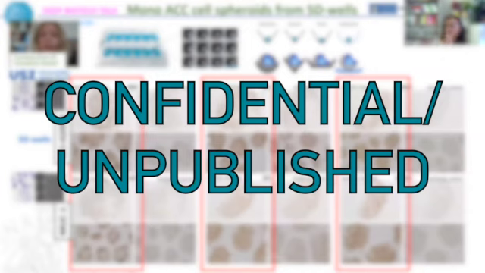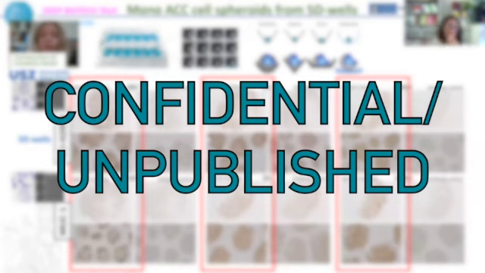And she elegantly developed an alternative 24-well technology for producing these spheroids starting from different cell lines. You can see the primary ACC H295R cells, and also the cell line derived from the metastatic ACC. You can see here that she derived a high number of spheroids, not only very few.